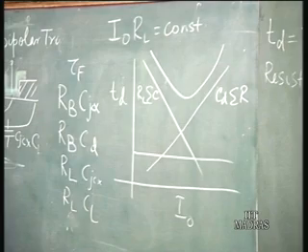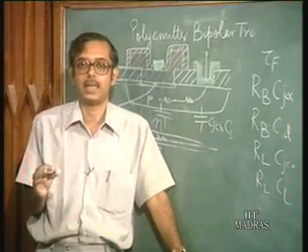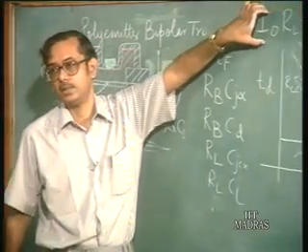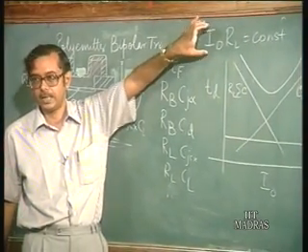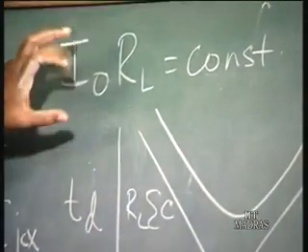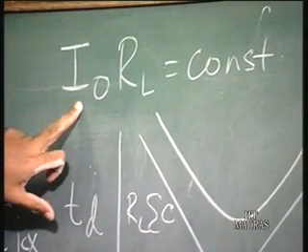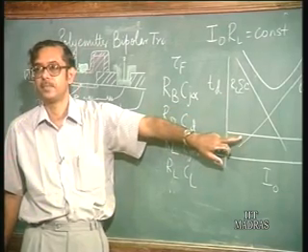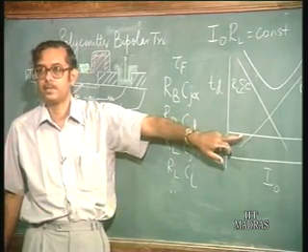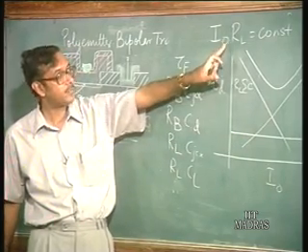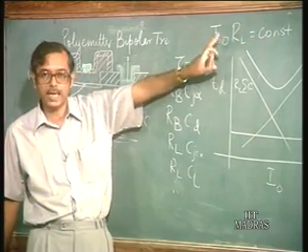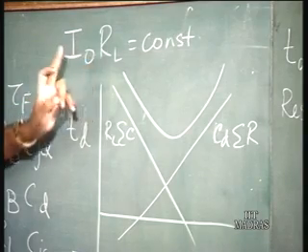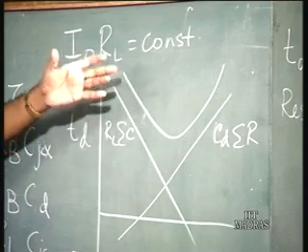which basically means that if you want to keep the logic swing constant, that is I naught into RL constant, then there is a particular value of I naught which is going to give you a minimum delay. So you have to bias the ECL gate for that particular I naught to get the minimum delay, and then you choose RL accordingly, so that I naught into RL is equal to the logic swing.